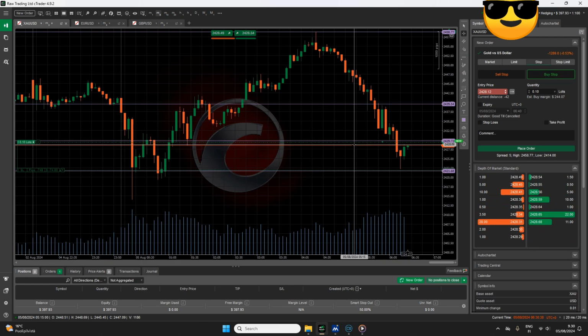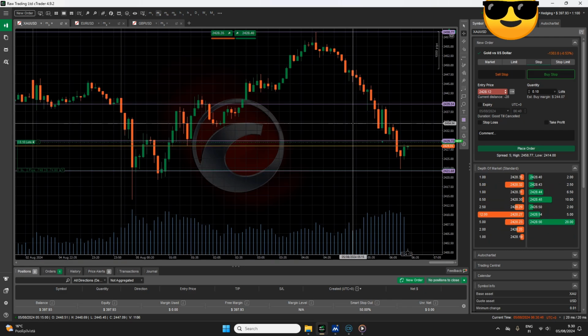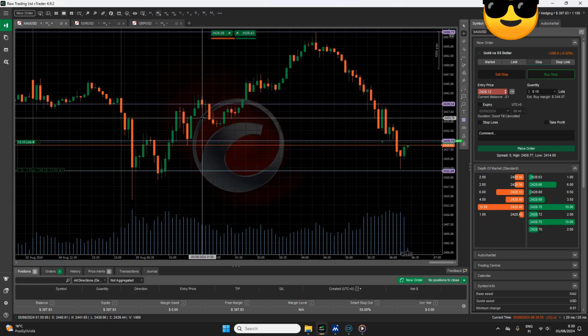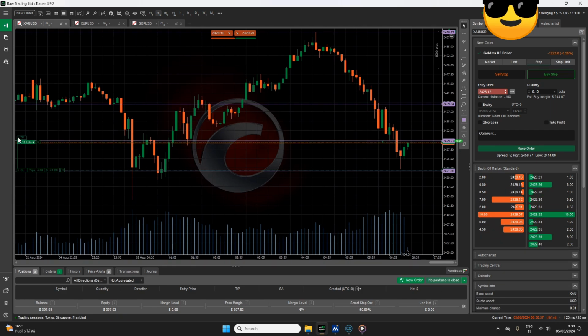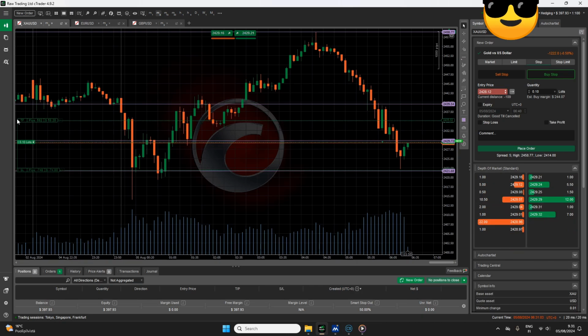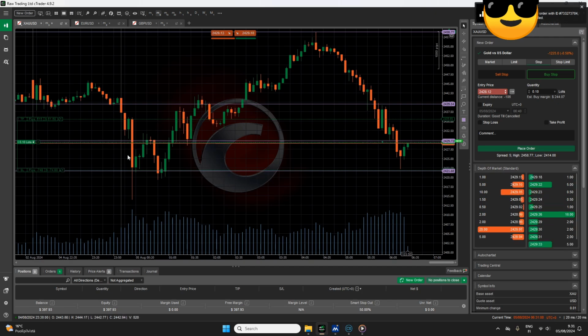We're going for about 60 pips from here, 28 to about 34, somewhere here. 34, perhaps we can reach 1 or 2, but 34 is our first target. 34, 35, that is our first target.